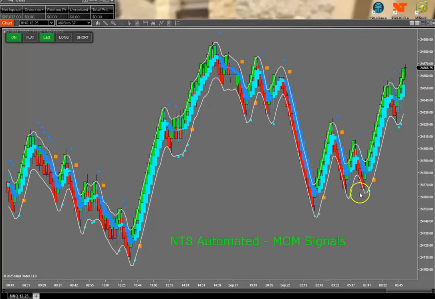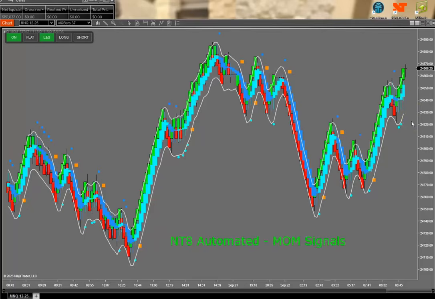For some reason, I turned on my system earlier, and I was in a long trade already. As long as I'm not taken out on the pullback by any trail stop, and we do have a trail stop in the strategy, if I'm still in, any additional signals to the long side it will not take, because you're already in a trade.